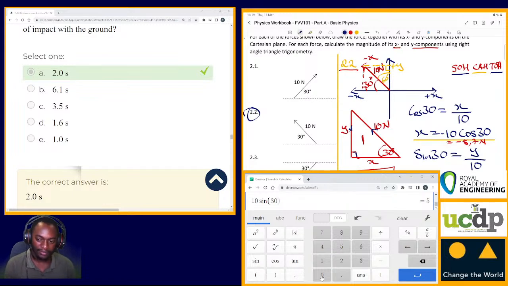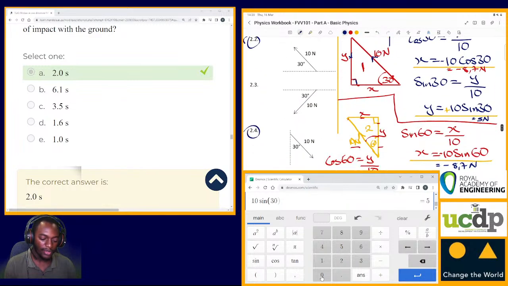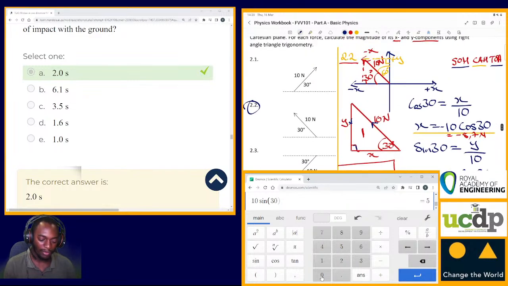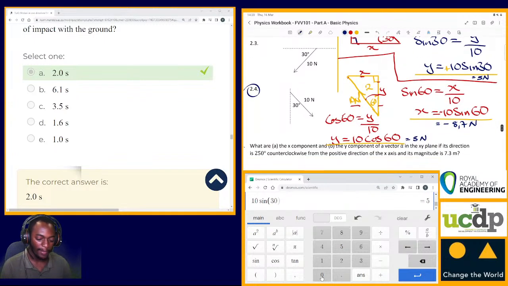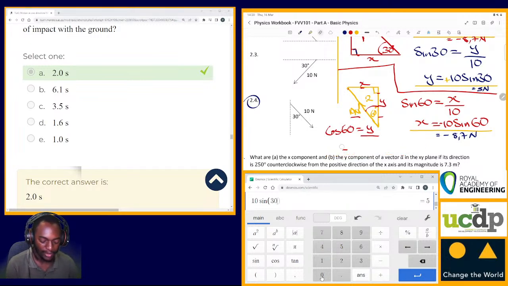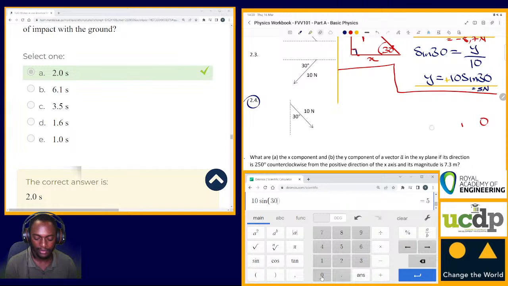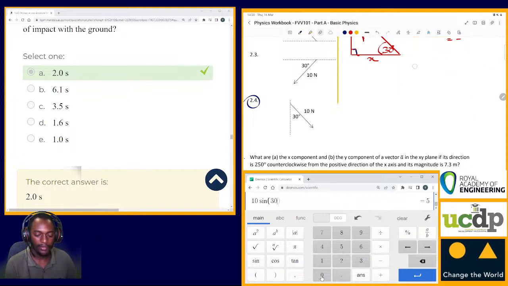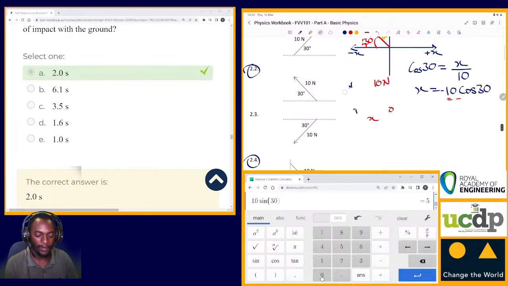Okay. So this is all for question 2.2. Right? Let's now do 2.4. So because of space, I'm going to erase all this so that I create some space for working.